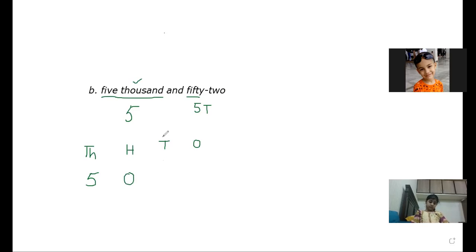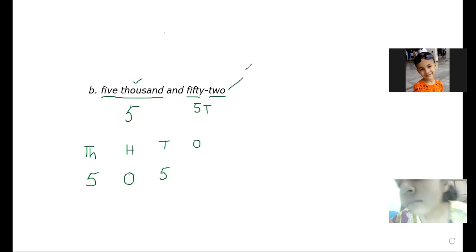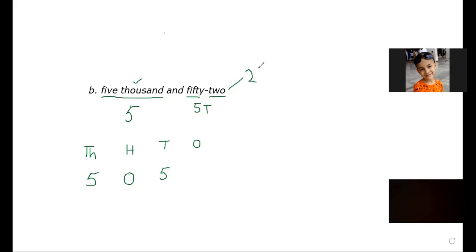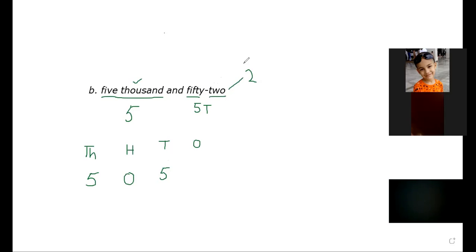Now come to the tens. How many tens do we have? Here they write and 52. So 50 means that we have 5 tens. So I'm going to write 5 under tens. Now I'm left with this 2. This 2 is our unit, or ones.